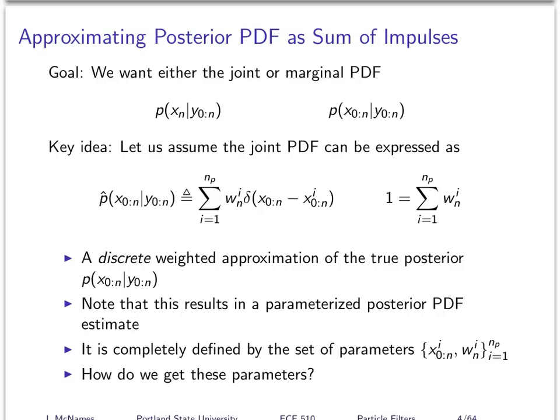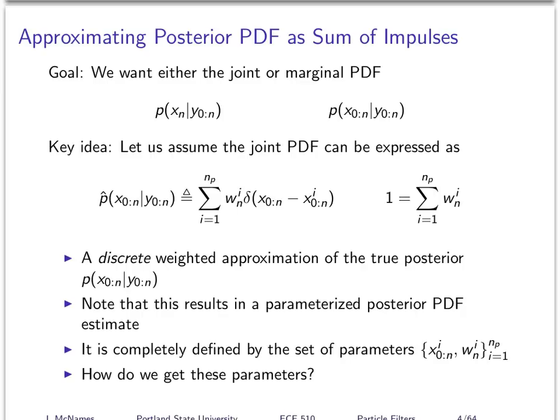It's more manageable. The key thing that makes particle filters work is that we estimate the harder one, the joint distribution, as a sum of weighted trajectories, and each of those trajectories is represented by an impulse function. We'll never have to implement that mathematically, but as we go through the derivation and do estimation, it's helpful to think of this representation of the posterior PDF.